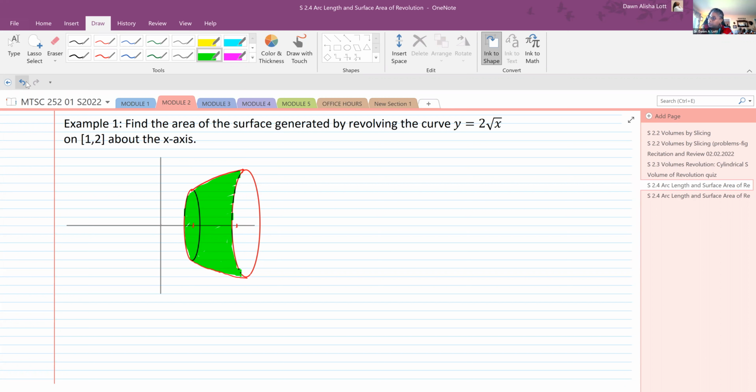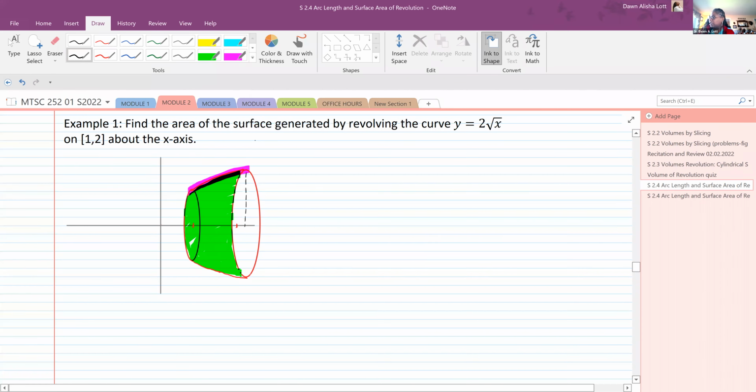Well, I can see here that this part is what I'm going to be finding the length of. So this is my length L, which is there. Okay. And this is the radius. So for us, again, if I choose any x value, then the radius is just the y value. So that goes up to here, and then it goes all the way over to some y.